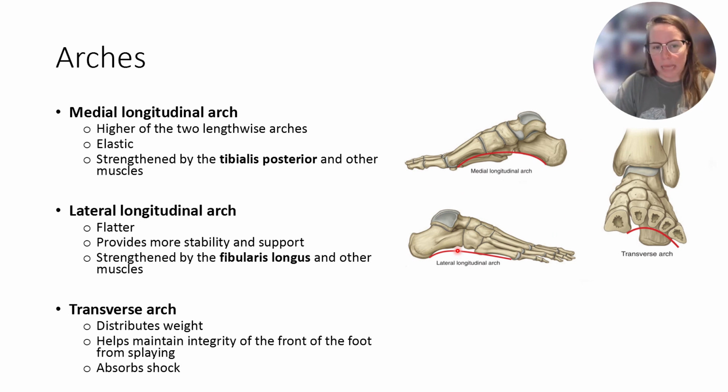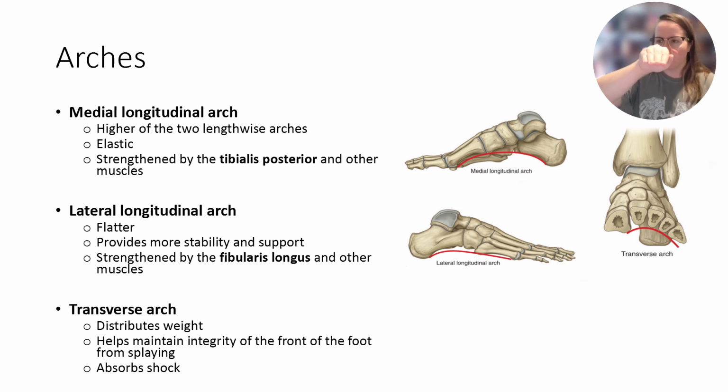The lateral longitudinal arch, as you can see here, is a lot less arched. It doesn't have this high point. It's a bit flatter. This is our stabilizer. So the medial arch is what gives us our spring. The lateral arch is what is keeping the foot in that sort of arched position. And then we have our transverse arch, which is kind of going across the foot.